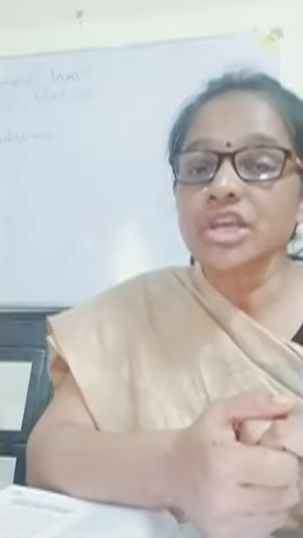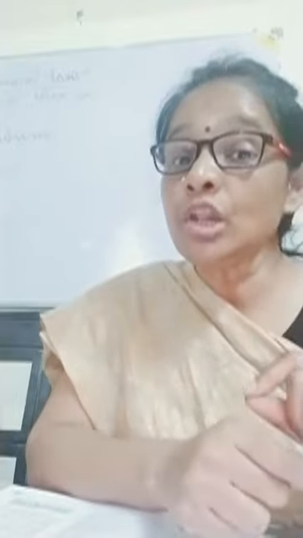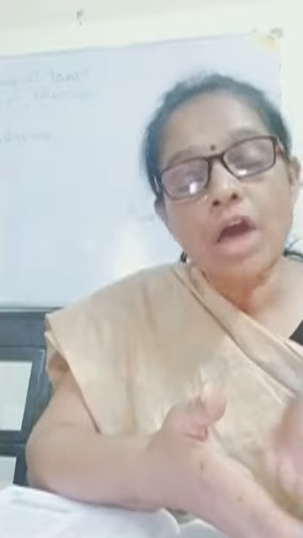Suppose you have to write the meaning of net national product, that is NNP. What will you change? In place of inclusive you will write exclusive, because the NNP net concept excludes depreciation cost. So how will you write the meaning of NNP? It's national product, so what will you write?